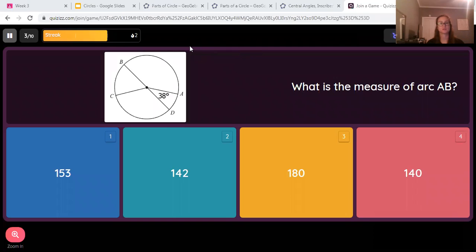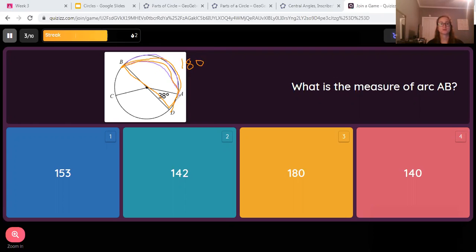This next one says, what is the measure of arc AB? And so AB is from here to here. And what I'm noticing is that there is a semicircle in there. So the semicircle, remember, the diameter is creating it. And then it goes all the way around to the other end of the diameter. So that whole thing is 180.